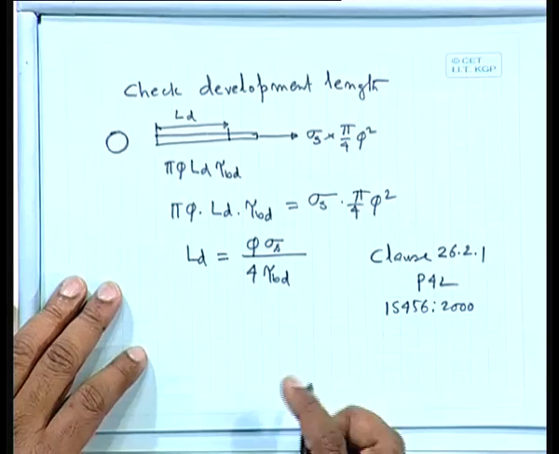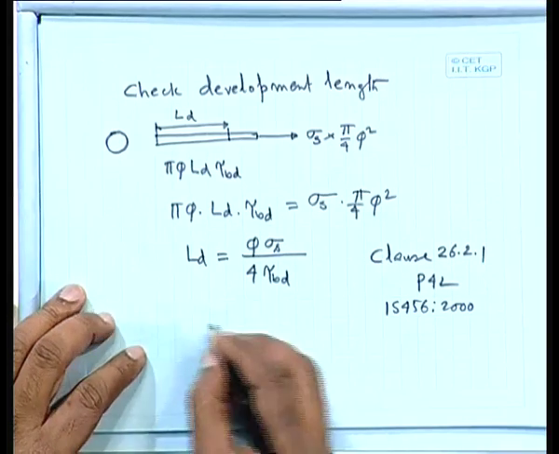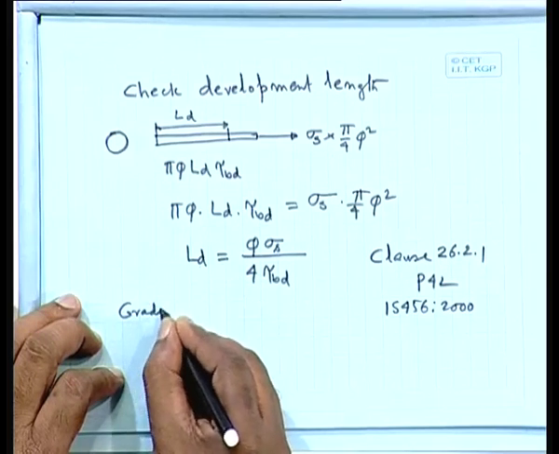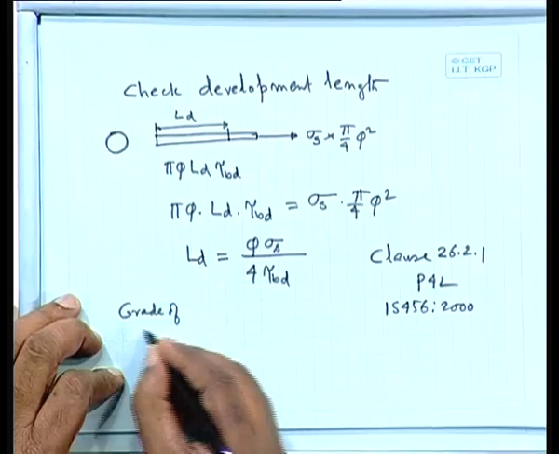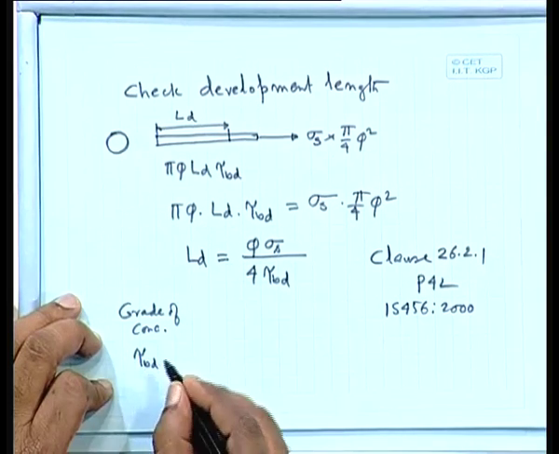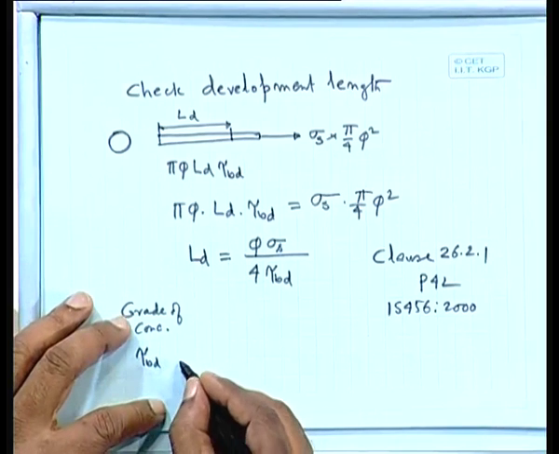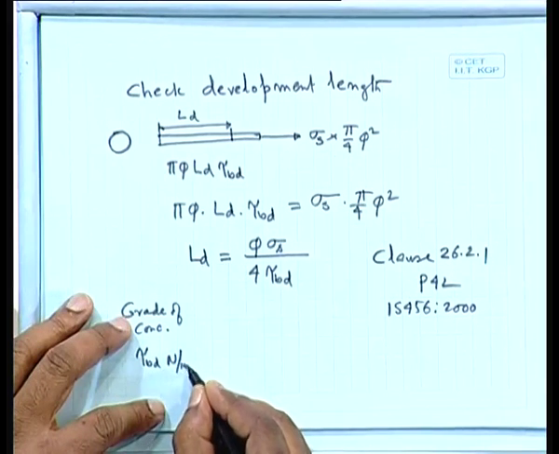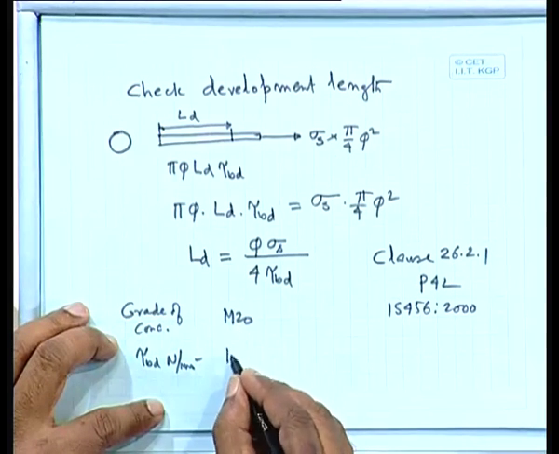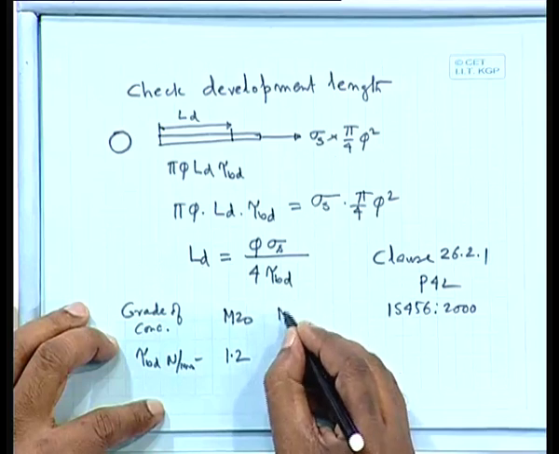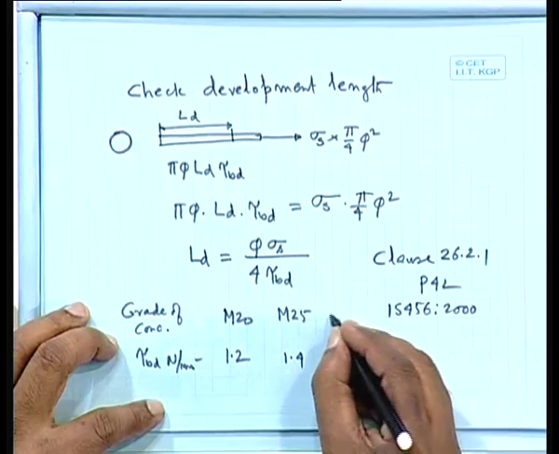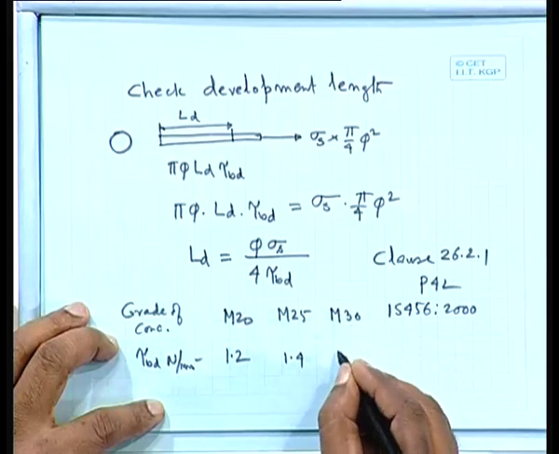Now, what about tau BD? Grade of concrete and tau BD, that is the design bond stress. For M20 it is 1.2, M25 1.4, M30 1.5.